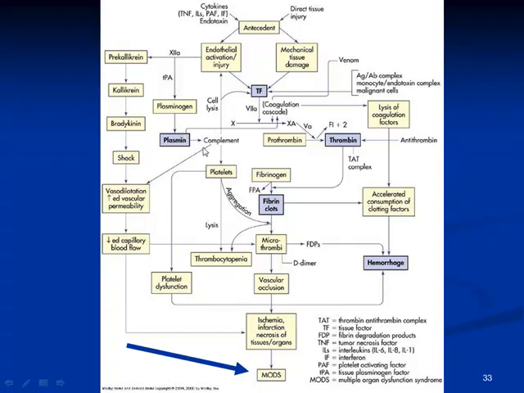The complement system is activated. Platelets are involved and aggregate. And all of this leads to fibrin clots. Thrombin is activated. And then on this side of the equation, we end up with hemorrhage. Here we get microthrombi with those fibrin clots, vascular occlusion, ischemia, and the development of multi-organ dysfunction syndrome. We're going to talk about that a little bit as well.